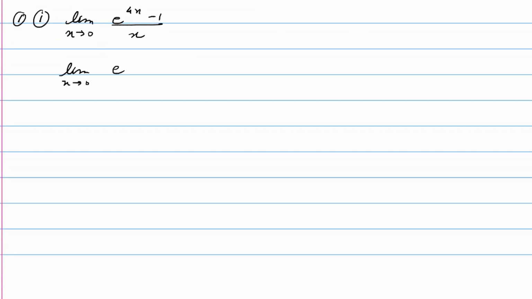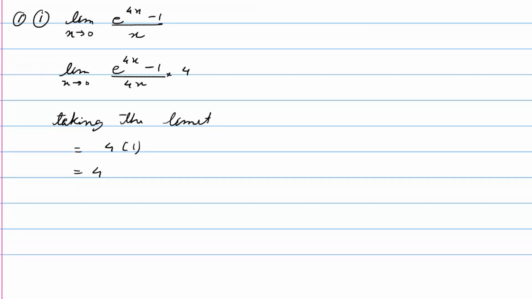So the first question here, limit x tends to 0, (e raised to 4x minus 1) upon x. Limit x tends to 0, (e raised to 4x minus 1) upon 4x, and then we have to multiply by 4 as well. So taking the limit, we get 4 into 1.